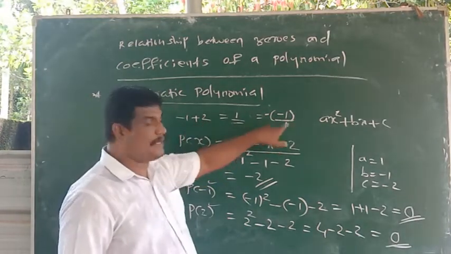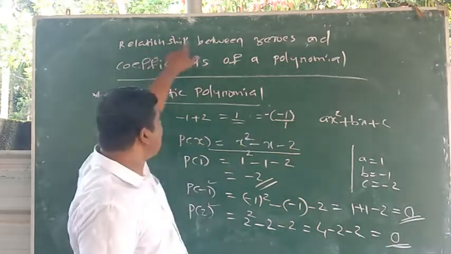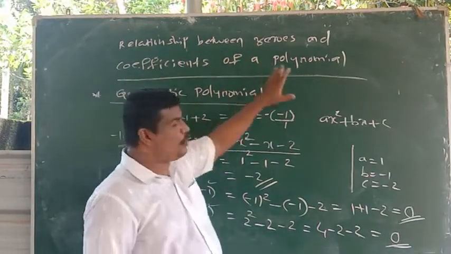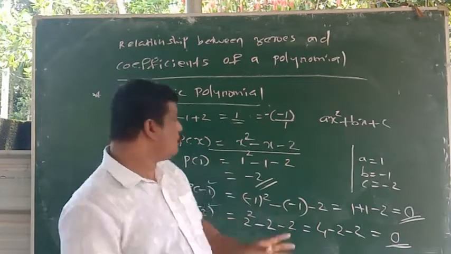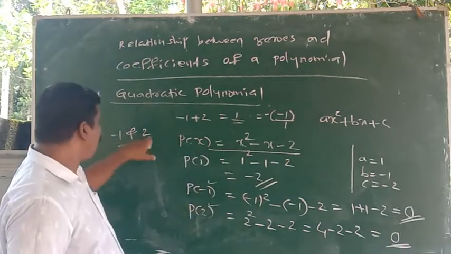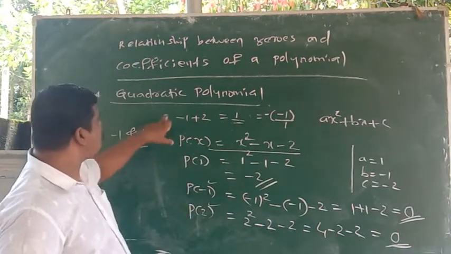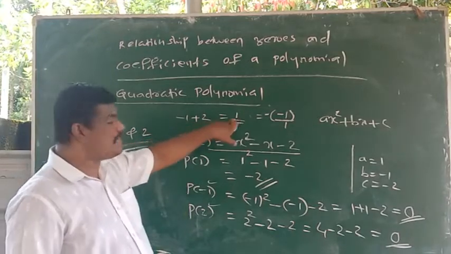Both answers are same. Listen, relationship between zeros and coefficients of a polynomial. Here in the polynomial, the sum of the zeros, minus 1 plus 2, the answer is 1.